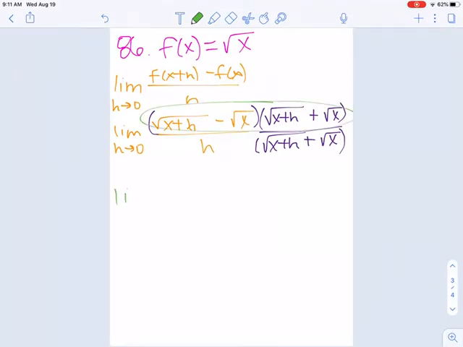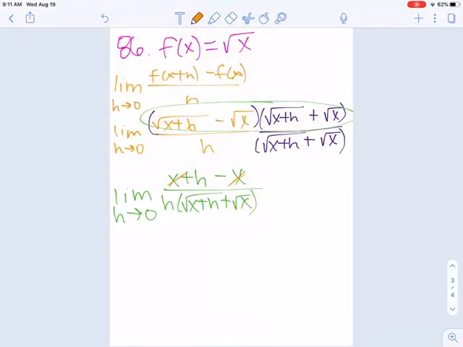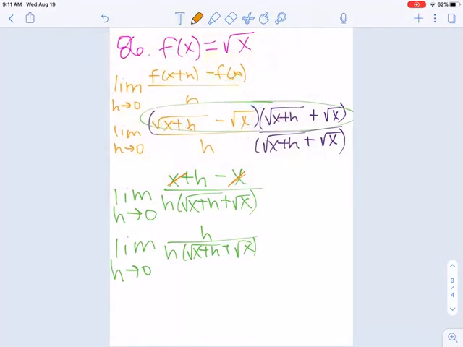Now when we multiply a plus b and a minus b, we always get a squared minus b squared. Now our x's cancel, and we're left with h over h times this conjugate.